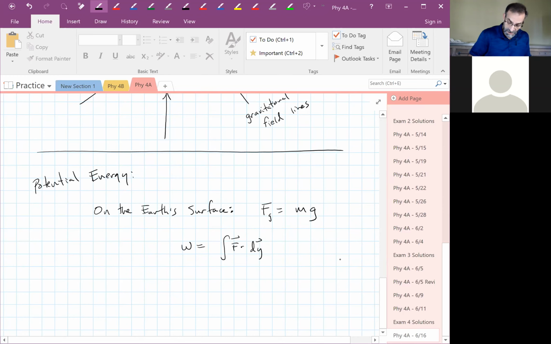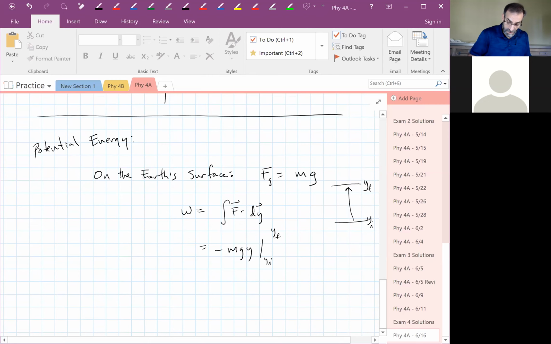We're going to lift something up, let's say, right? We want to know how much work does gravity do when we lift something up. Well, we plug in mg. We get the integral of mg dy is mgy. I think there's a minus sign somewhere because of the direction.